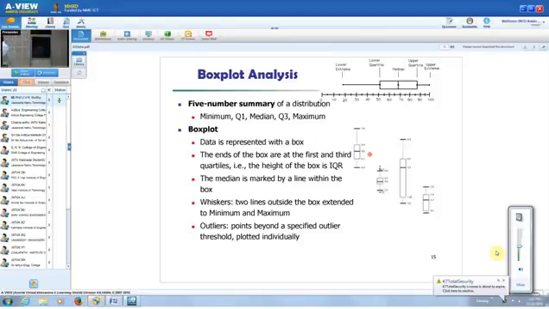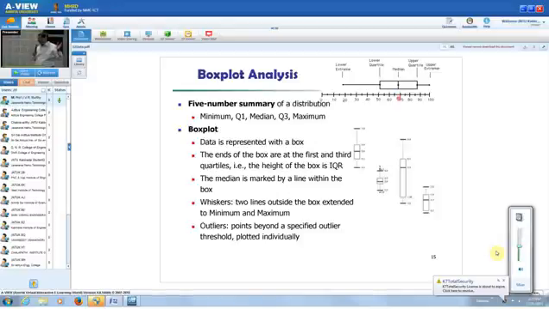Consider this case. Median means the mid element. So the lower extreme is 17, and let us suppose the median is 67. So 67 minus 17 is the lower half.